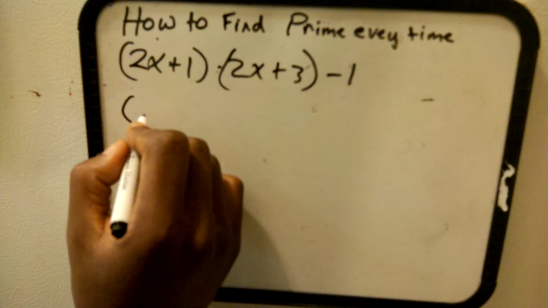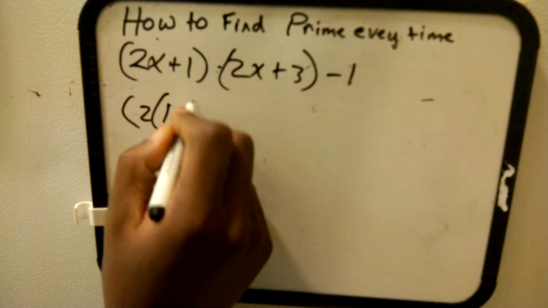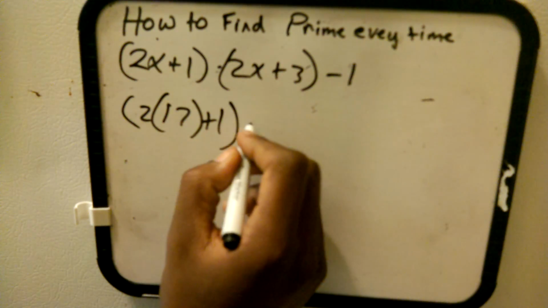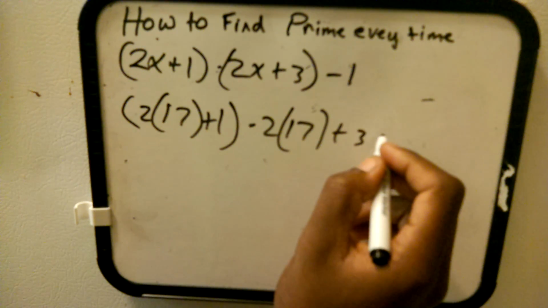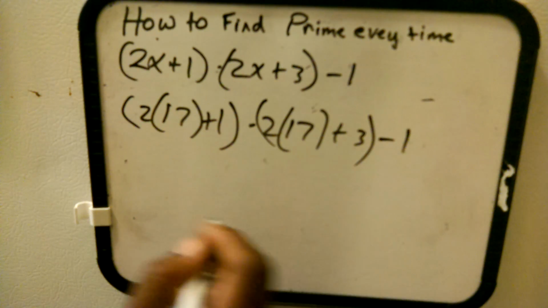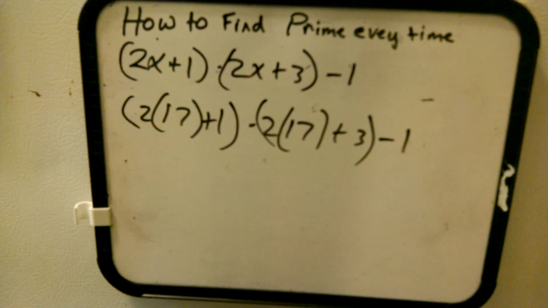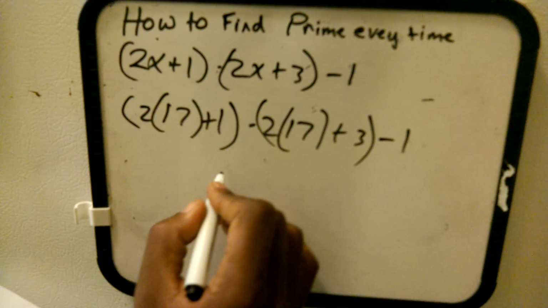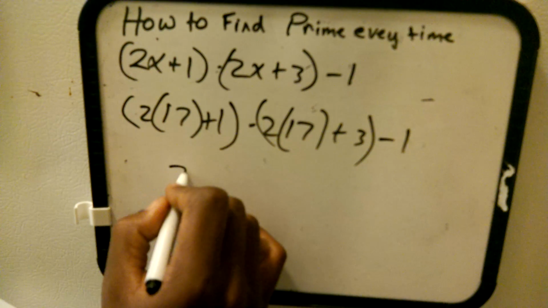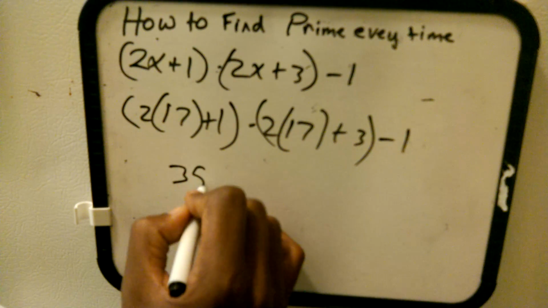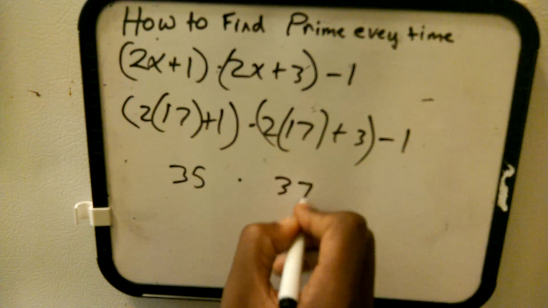2 times 17 plus 1 times 2 times 17 plus 3 minus 1. Add that together, it's 35 times 37.